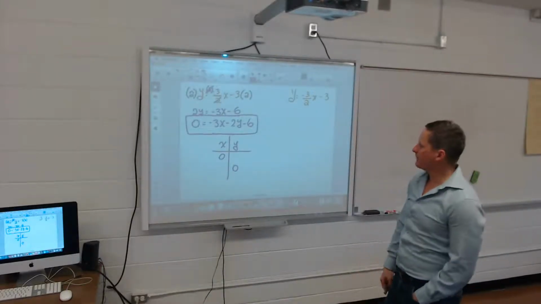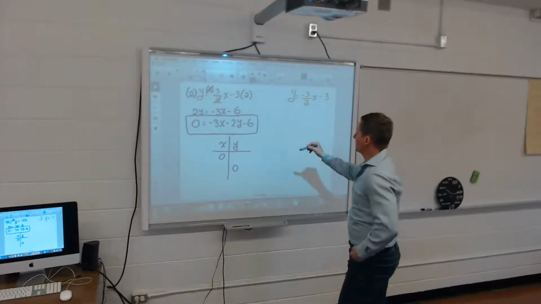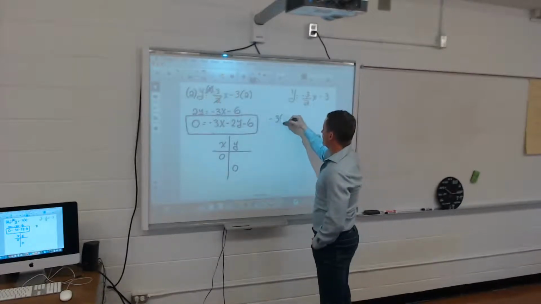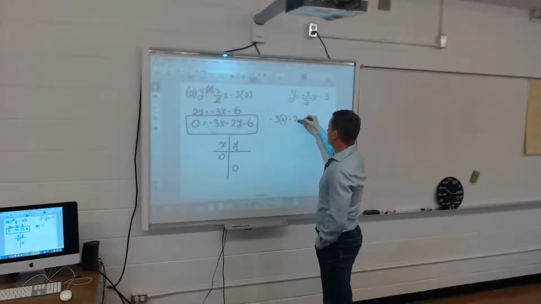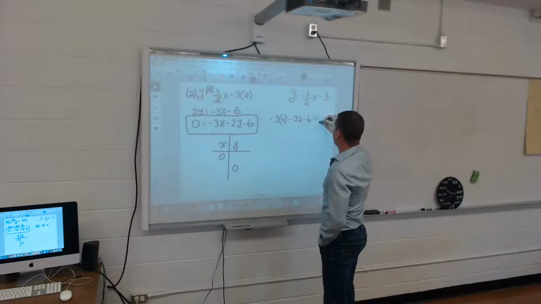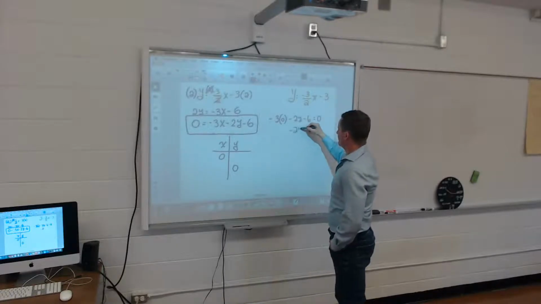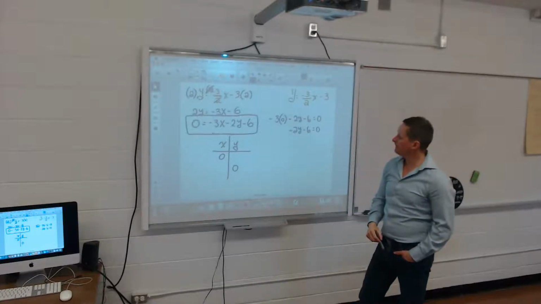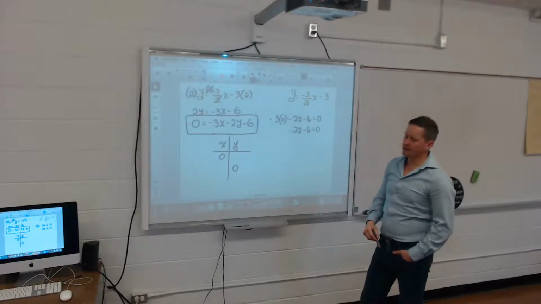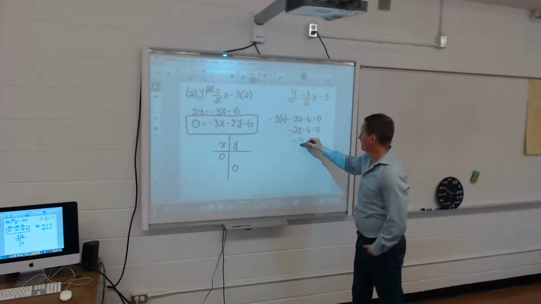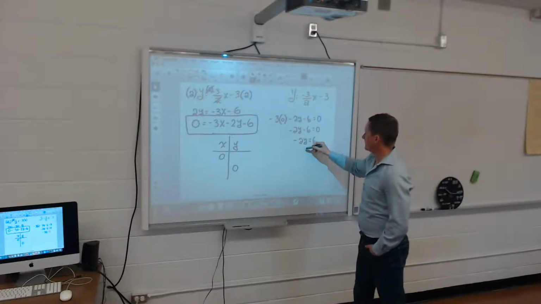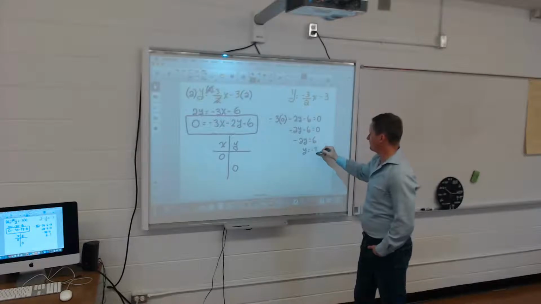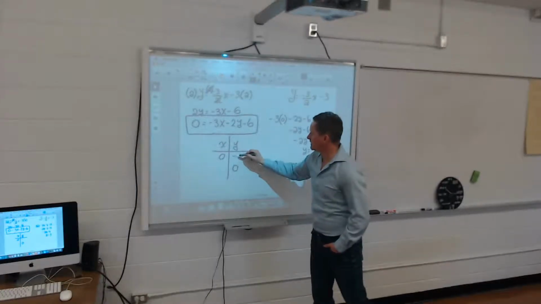I put 0 in for x and I solve for y. So I have minus 3 times 0, subtract 2y, subtract 6 equals 0. That leaves me with minus 2y subtract 6 equals 0, because 3 times 0 is 0. Add 6, divide by negative 2. My y-intercept is negative 3.